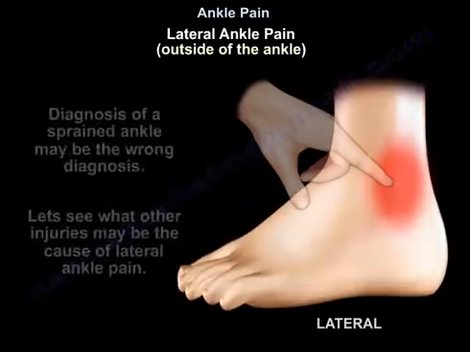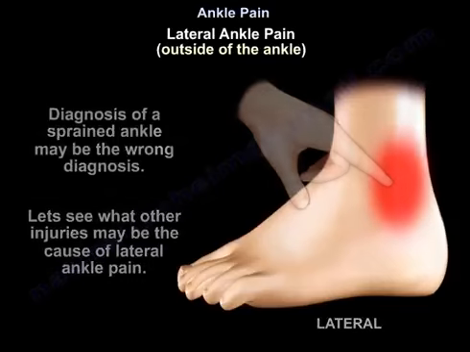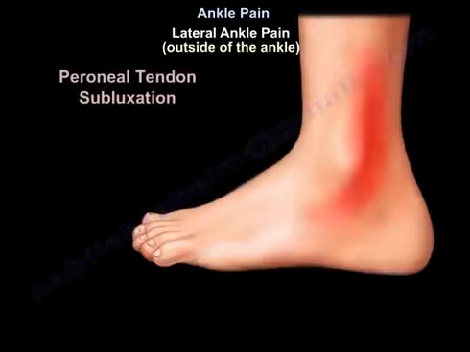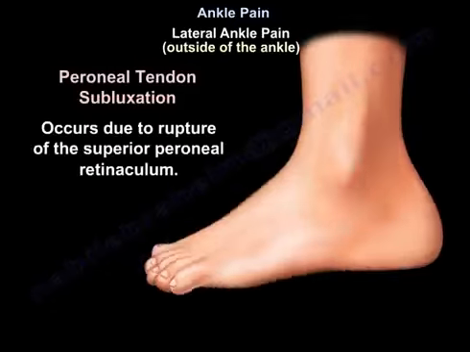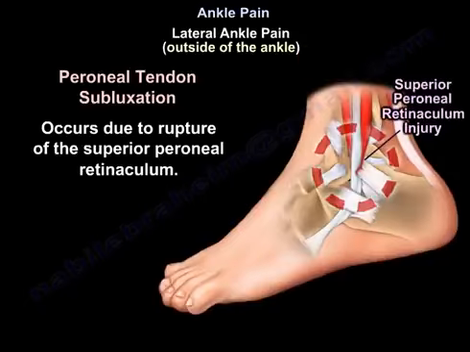Diagnosis of a sprained ankle may be the wrong diagnosis. So let's see what can cause pain on the outer side of the ankle. Patient can have peroneal tendon subluxation due to rupture of the superior peroneal retinaculum.